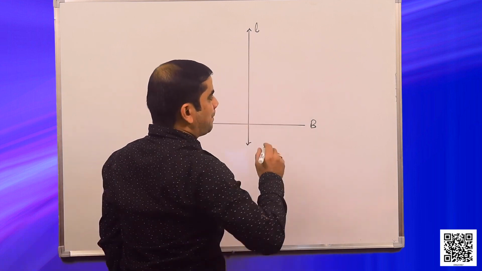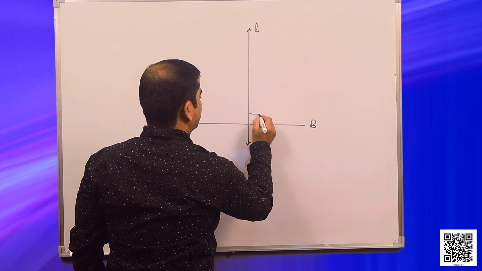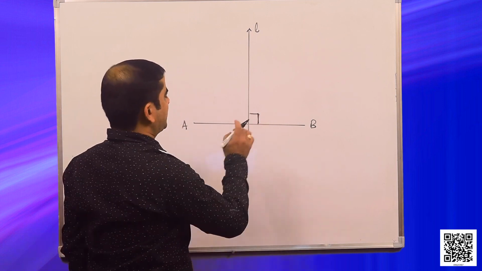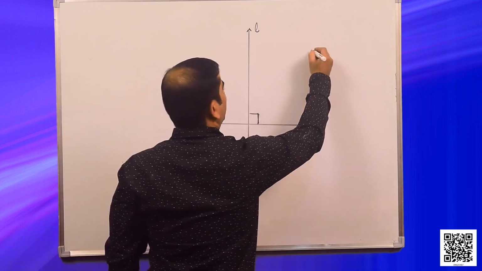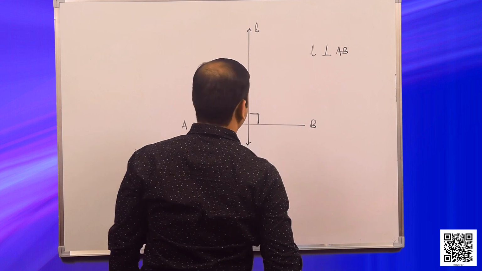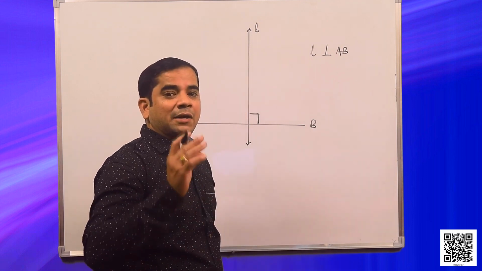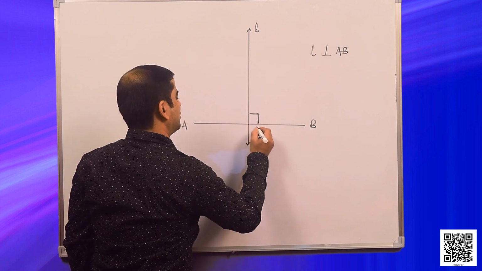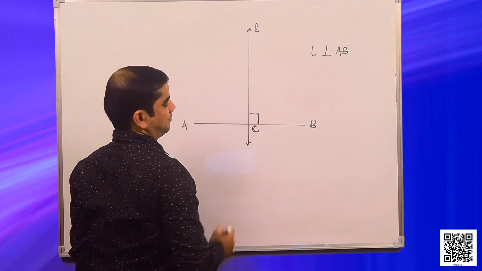L is the perpendicular bisector, that means this angle is 90 degrees. L is perpendicular to AB. So I can write L is perpendicular to AB, and the question also says that L meets line segment AB at point C. So this is your point C.